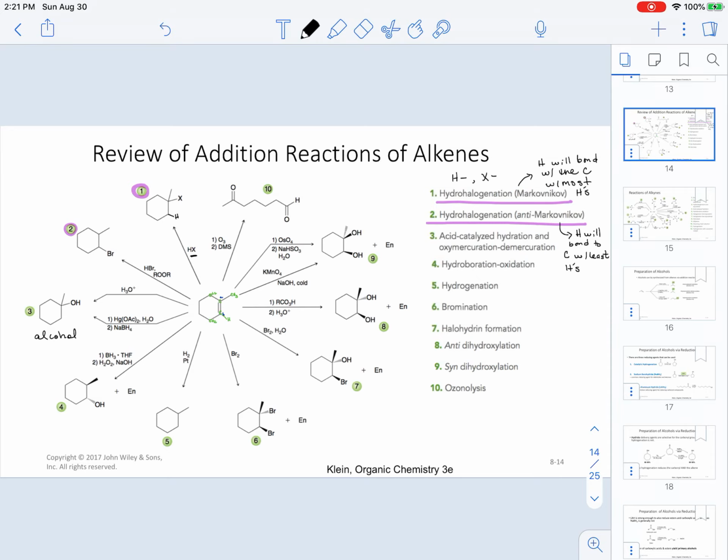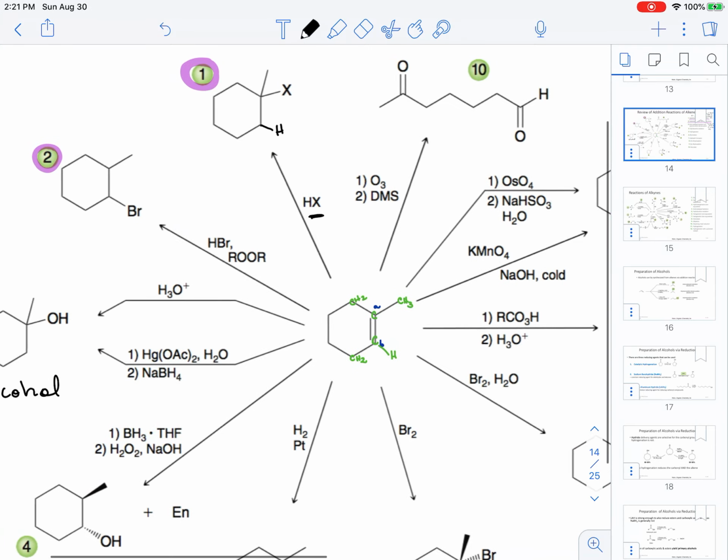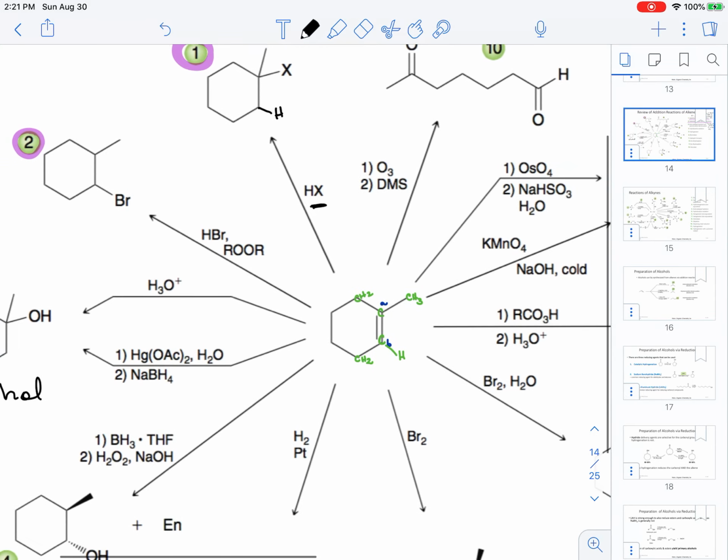If I zoom in on the reactions, you can see that even though it's not illustrated, I'm just going to write it here. The hydrogen bonded to carbon A, which is the carbon atom that has the least number of hydrogen atoms directly attached to it.